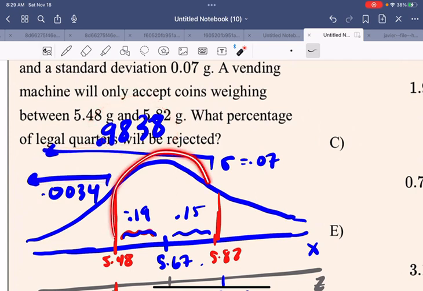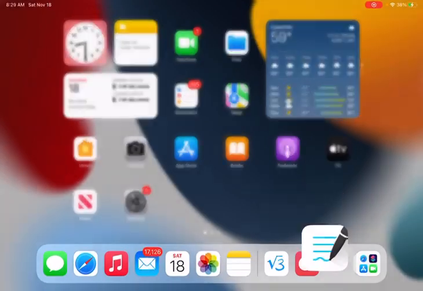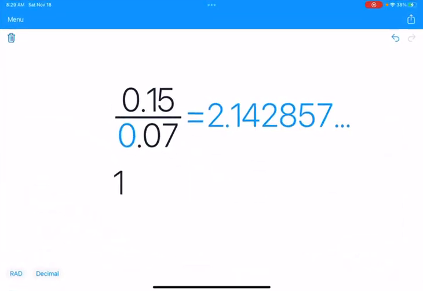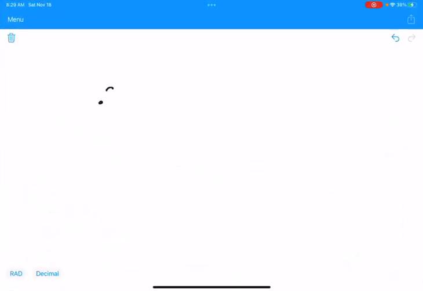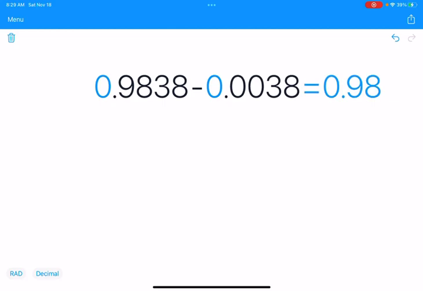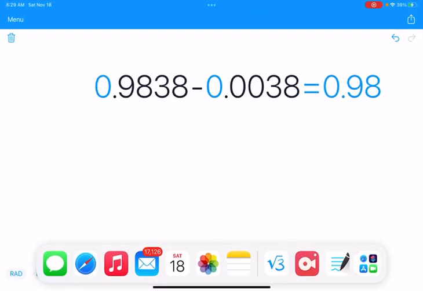By subtracting those two, I can figure out how much area lies in here. Let's subtract those. So 0.9838 minus 0.0034. So 0.98.